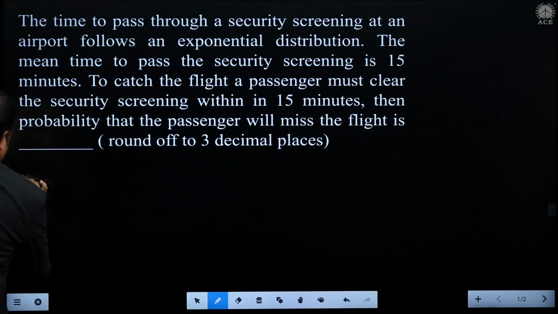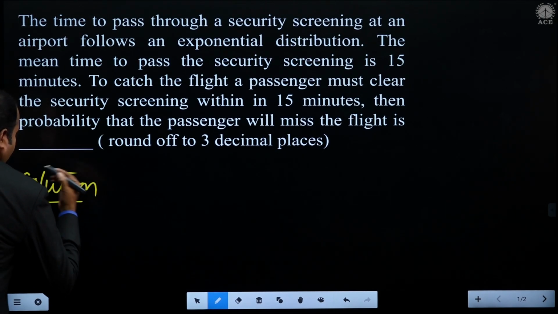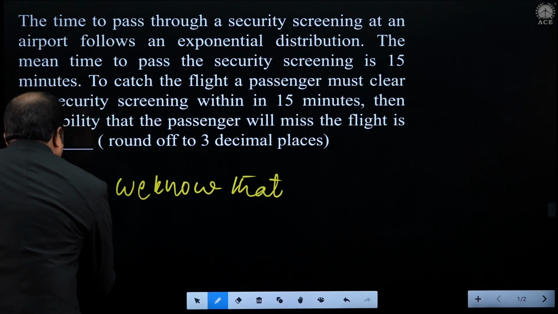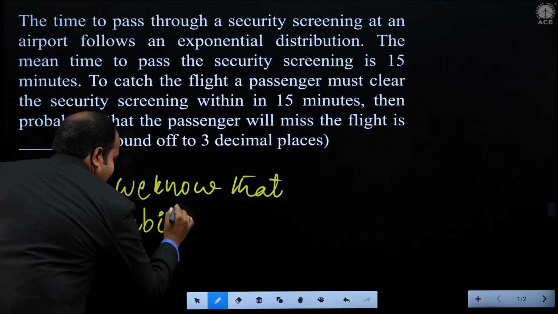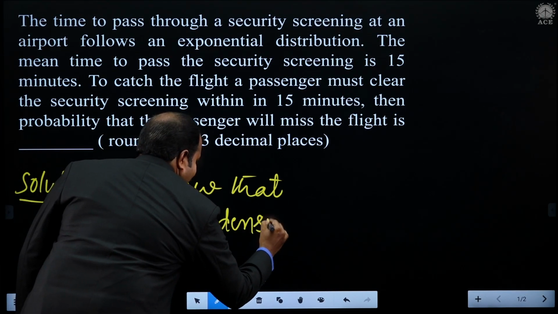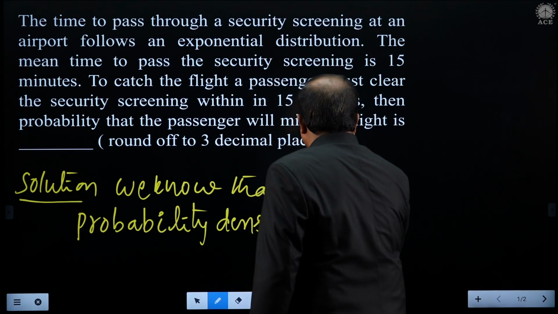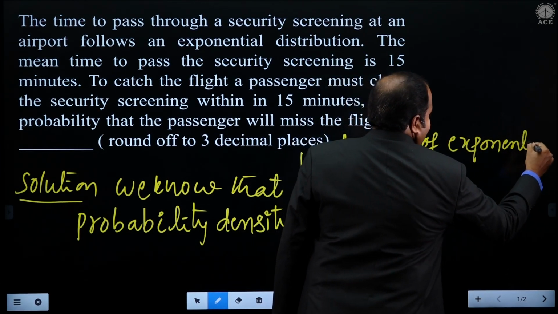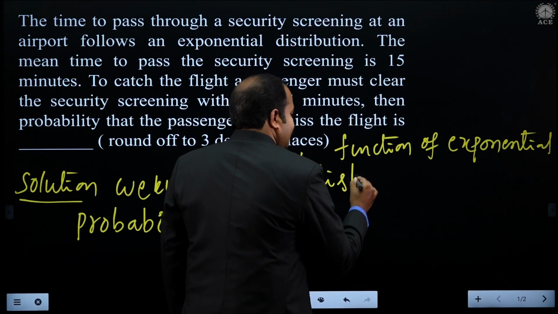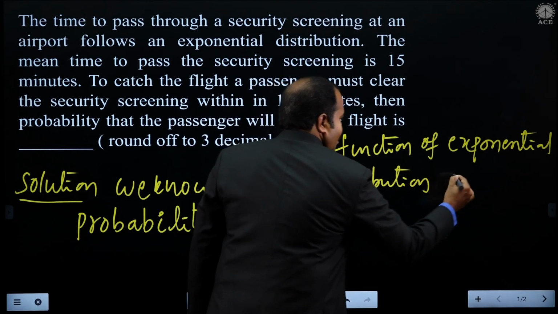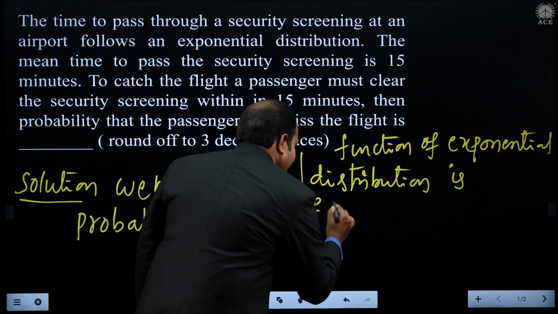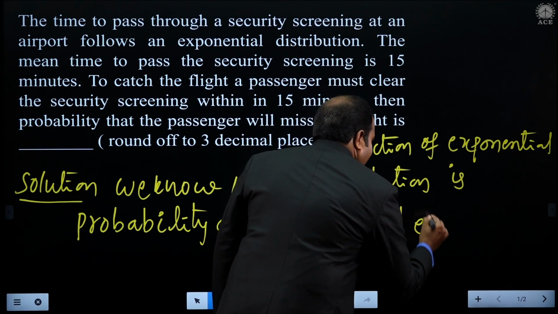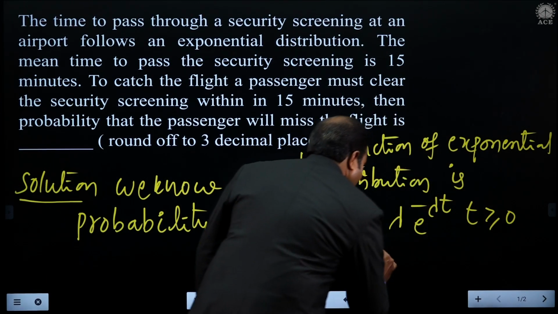So the solution is, we know that the probability density function of the exponential distribution is f of t equal to lambda into e raised to minus lambda t for t greater than or equal to 0, 0 otherwise.